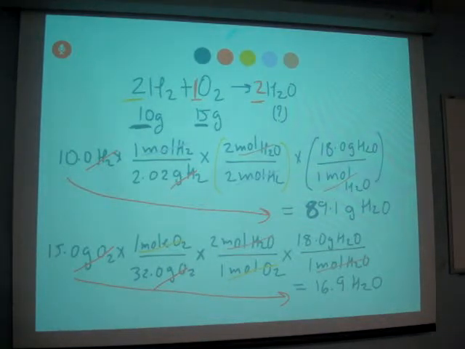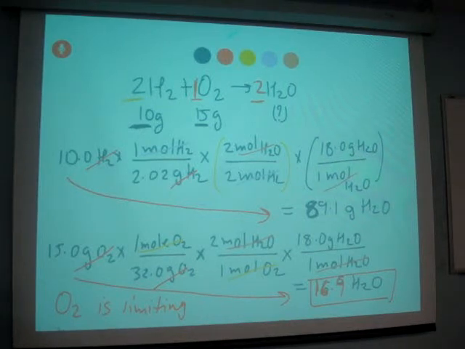So by determining the limiting reagent, we can say O2 is the limiting one, because that's the smaller amount, and that's what will be used up and produce whatever amount of H2O.